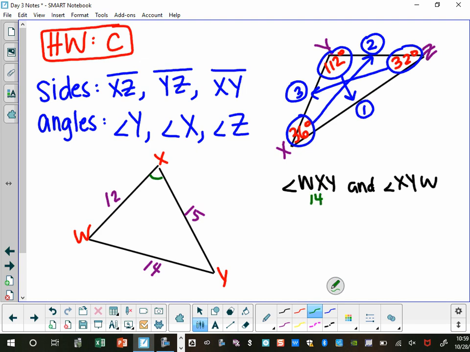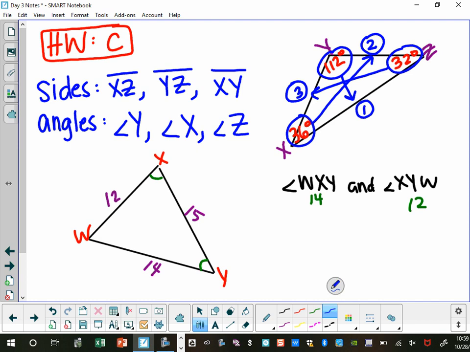And then we have X, Y, W. Y is my vertex angle. What's directly across from angle Y? 12. All right, which inequality sign do I need? Greater than.